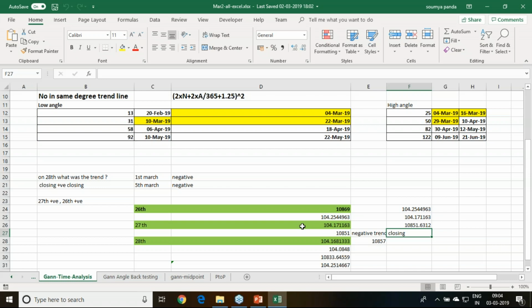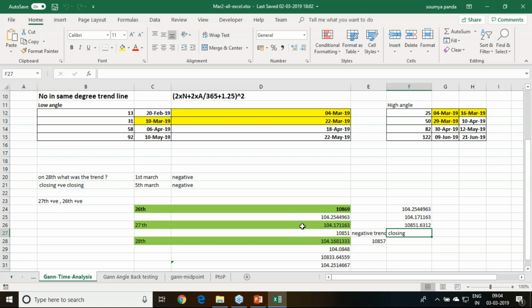However, with a little more peeping into the closing price data, we found that though the 28th closing was some 4 to 6 points positive, it was not a trend positive closing. It was a trend negative closing. It had not closed above one cycle, the smallest cycle of the trend.